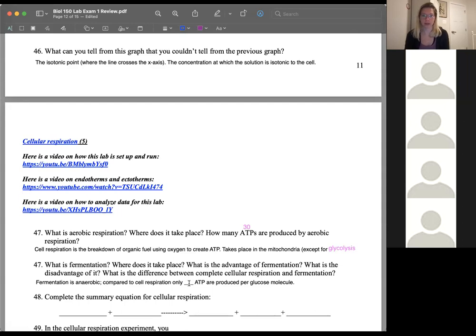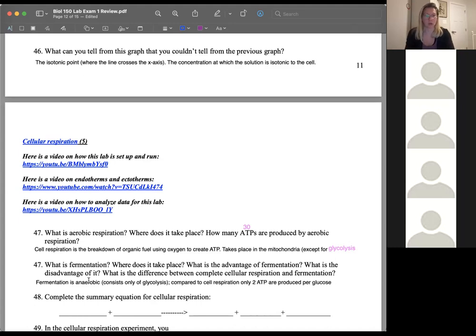Right, yeah, that's very good, Alexandra. So only 2 ATP are being made, and it's because the only processes that are happening are glycolysis and then something to regenerate NAD plus. So it's anaerobic, consists only of glycolysis.